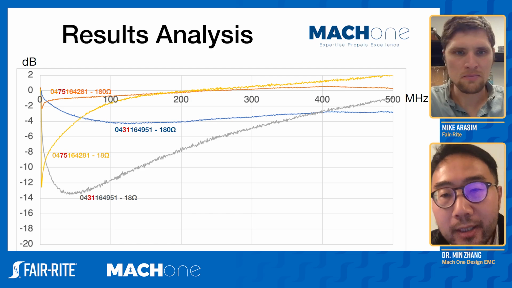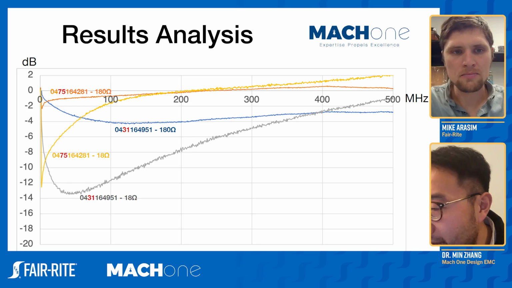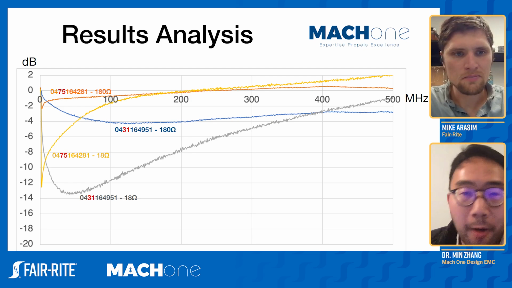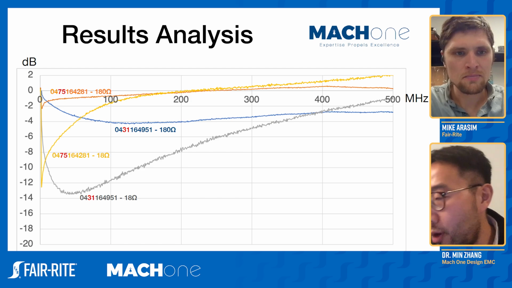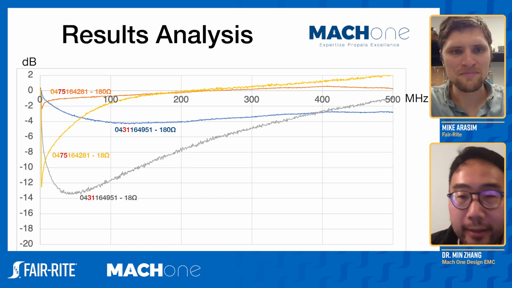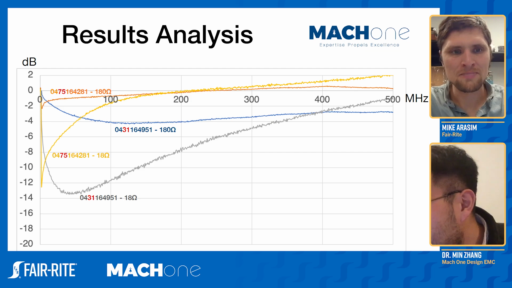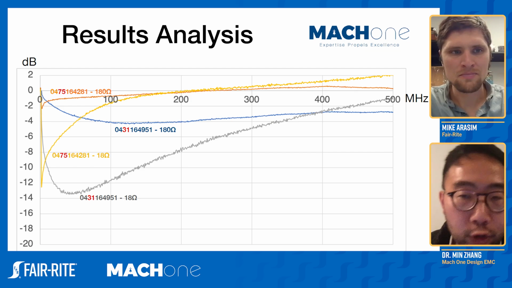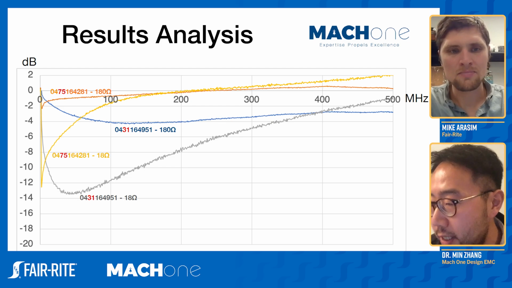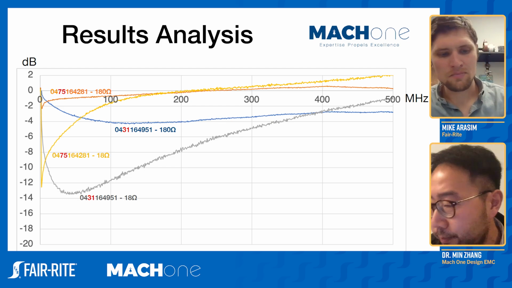So in that case, an 18 ohm resistor network is really nothing compared to that wire, whereas 180 ohms is still comparable in that frequency range. Therefore, the 180 ohm channel actually performs better. This is something quite interesting from this experiment.